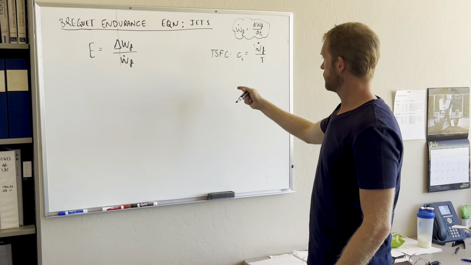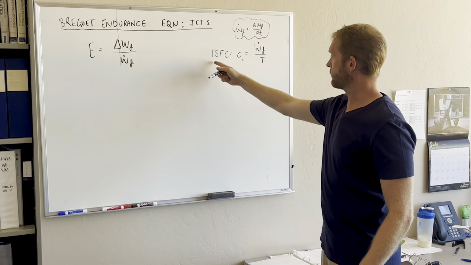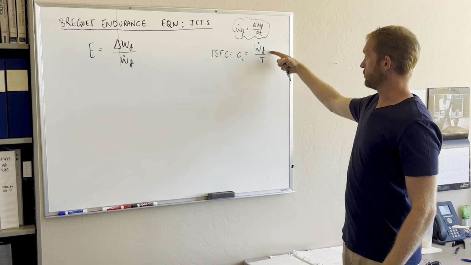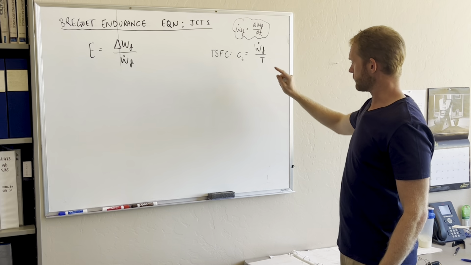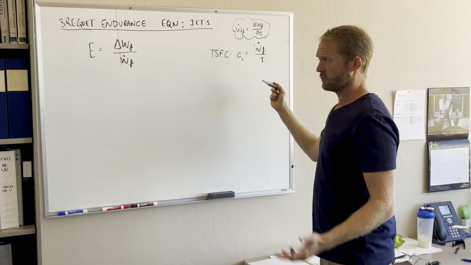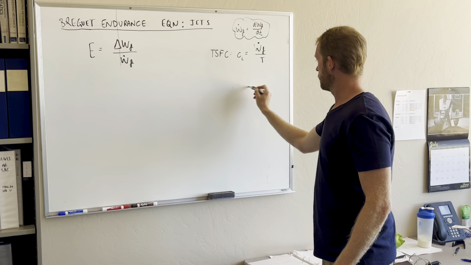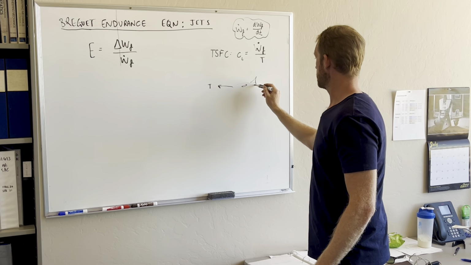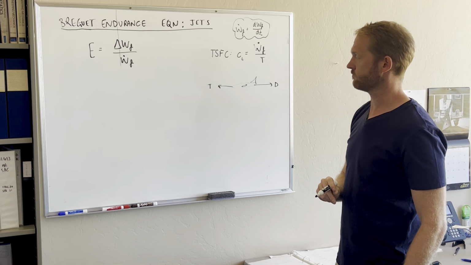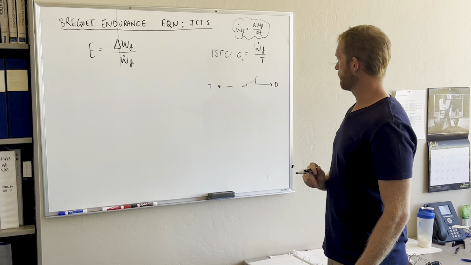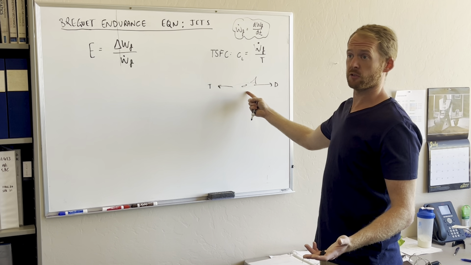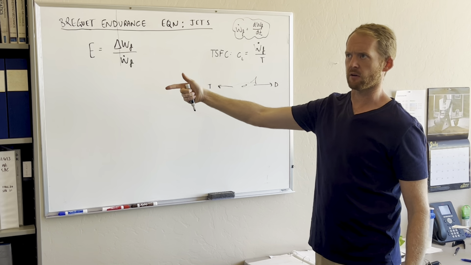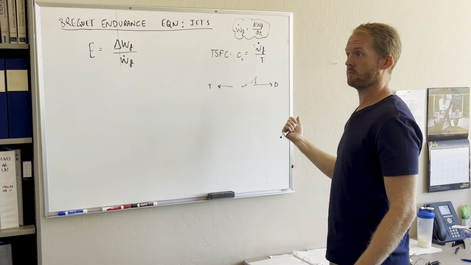We can progress this if we use our equation for the thrust-specific fuel consumption C sub T, which is the rate of fuel burn divided by the thrust itself. Now, for a cruise problem, like this endurance problem, we are assuming that our thrust is equal to drag if we are cruising at a constant speed, right? So if thrust is greater than drag, then we would accelerate, and if drag was greater than thrust, then we would decelerate.